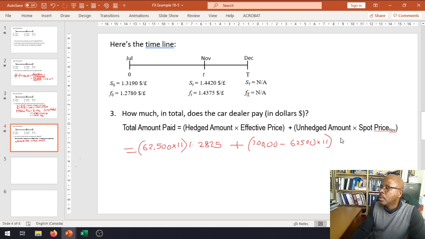All of this then times the spot price, and the spot price we can see it up here. This is the spot price up here. That essentially times 1. Sorry, it's 1.42.